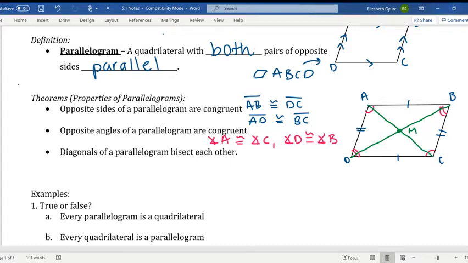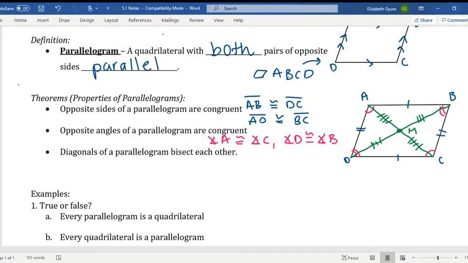And if you have a midpoint, then you have more congruent parts. So this basically implies that you would have a midpoint of your segments, and therefore these little segments would be congruent. So DM would be congruent to BM, and AM would be congruent to CM.